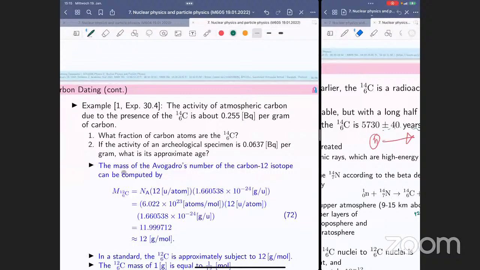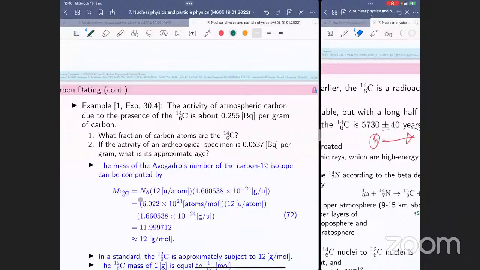You have to go back to the chapter on heat and gas in the previous semester, where one of the topics is the Avogadro number, which is the number of atoms per mole, right?